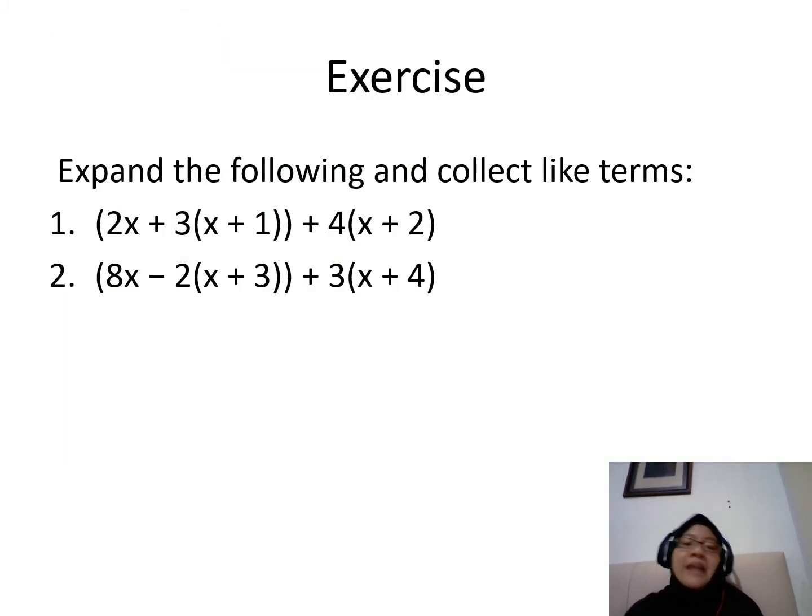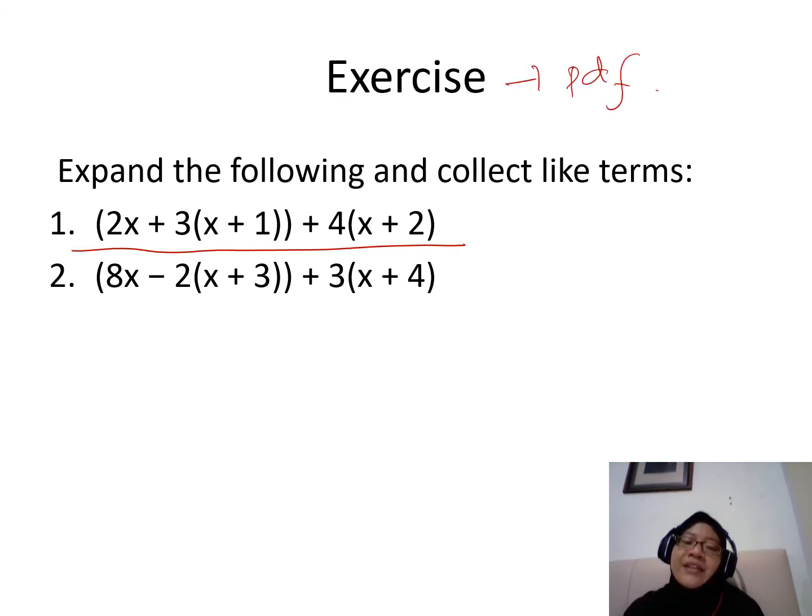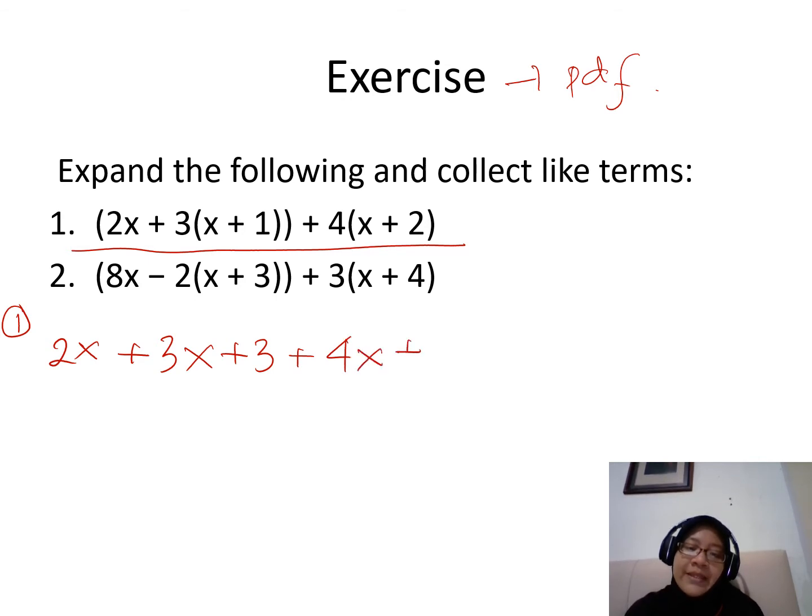So we can do an exercise now from the previous one. Probably you can see it in the PDF. Expand the following and collect the like terms. If we have this kind of equation, number 1: 2x plus 3(x plus 1), which has to be multiplied first, so 3x plus 3, plus 4x plus 8.